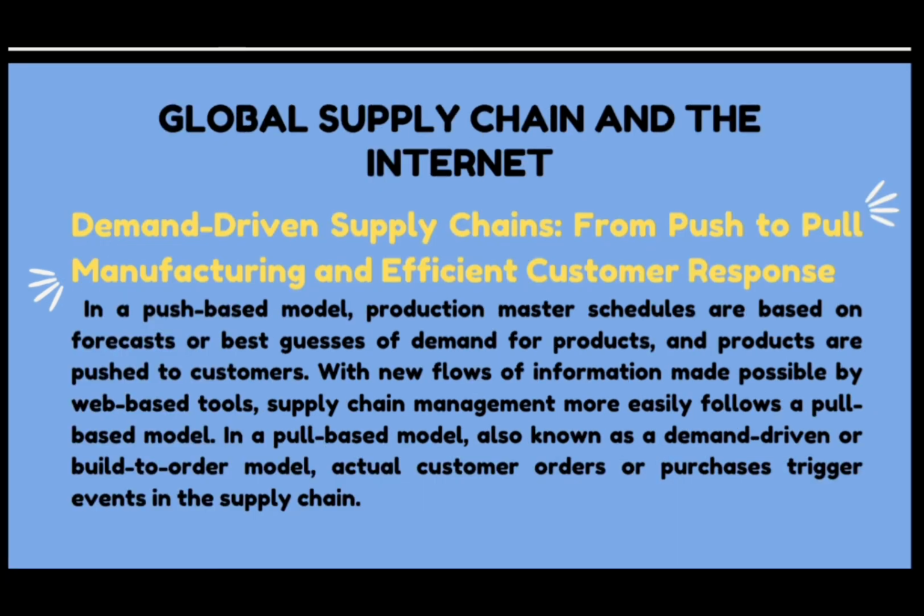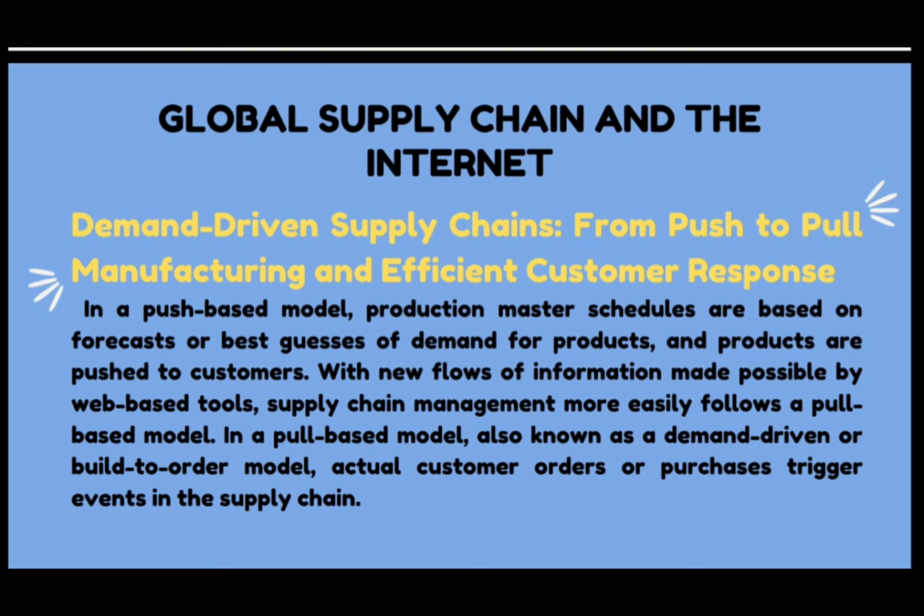Next is demand-driven supply chains: from push to pull manufacturing and efficient customer response. In a push-based model, production master schedules are based on forecasts or best guesses of demand for products, and products are pushed to customers.